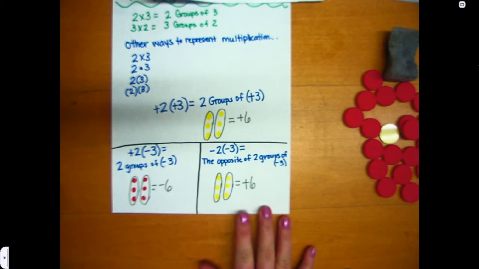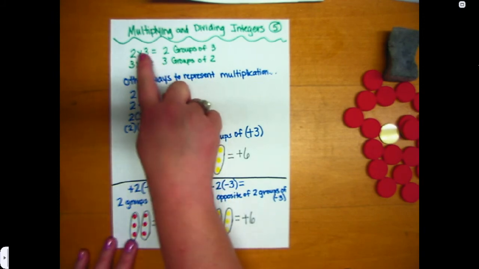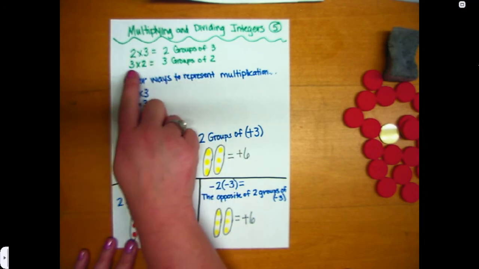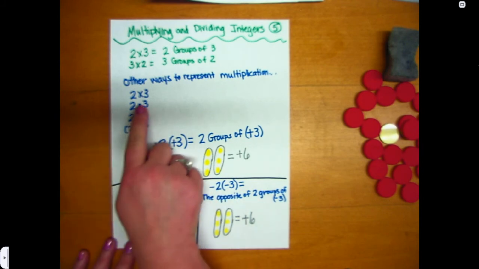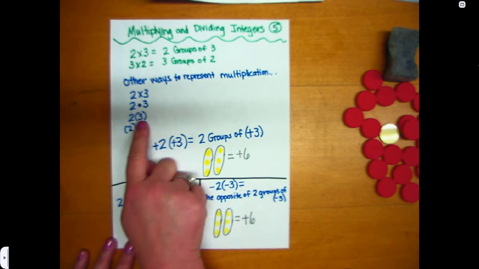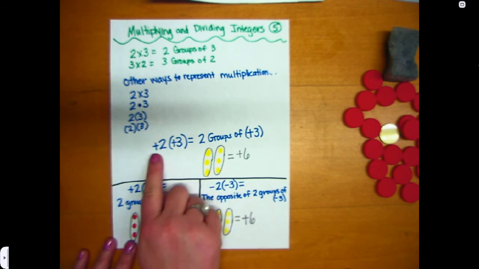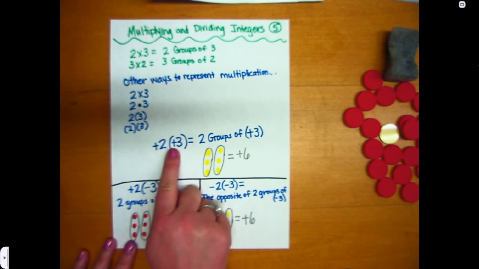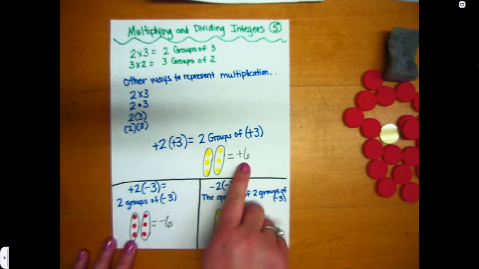So again, to recap, the multiplication sign means groups of. Two groups of 3 or three groups of 2. Other ways to represent multiplication is with a dot, with a parentheses, or with two sets of parentheses. When you read it, you know if there's no sign that it is positive. +2 times +3 means two groups of +3, which is equal to 6. 2 times 3 is 6.